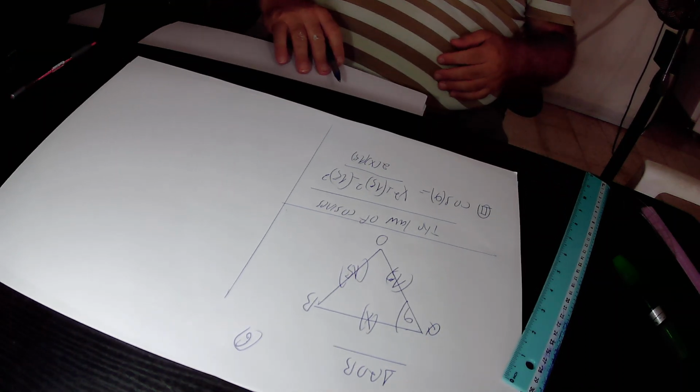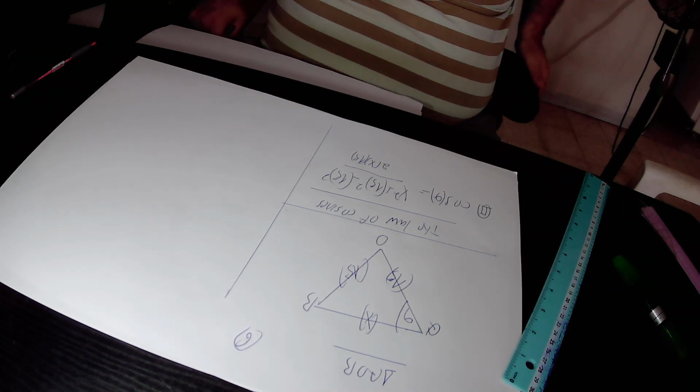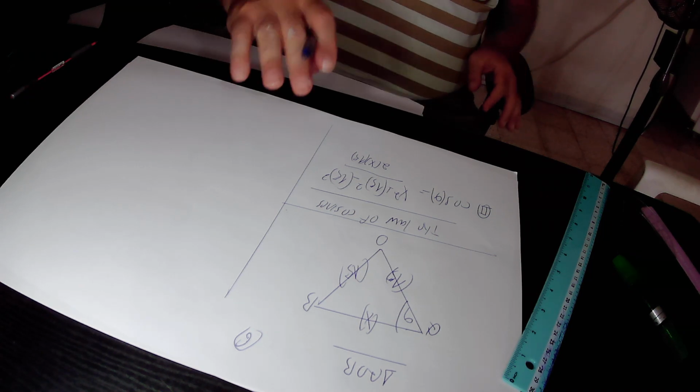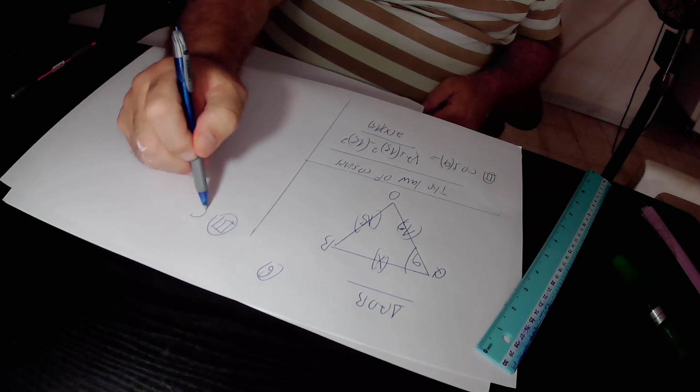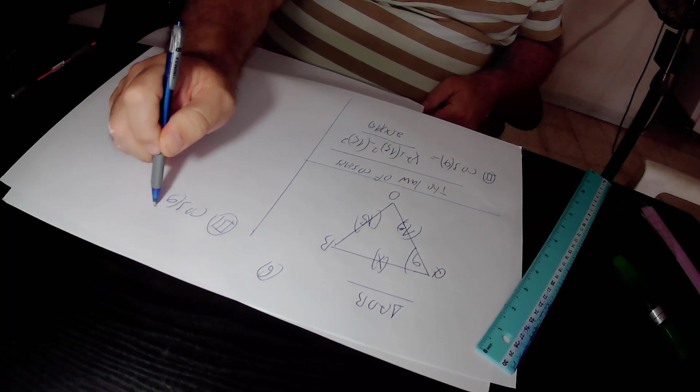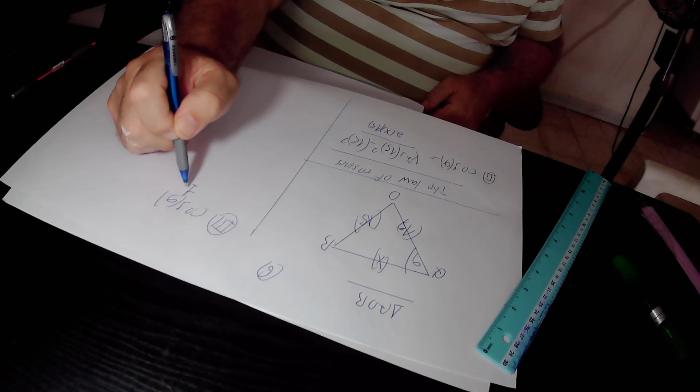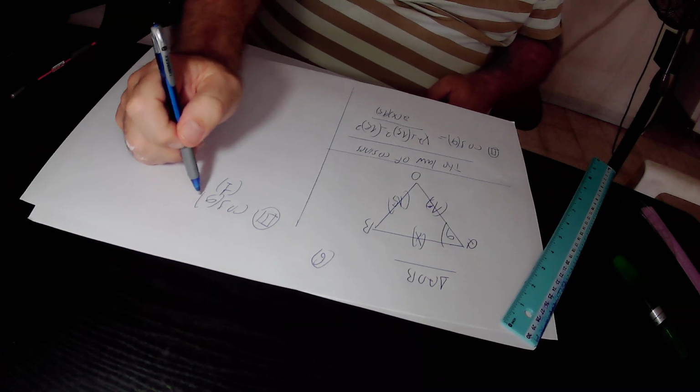So in the next step we create equation 3 that states that cosine alpha according to equation 1 must be equal to cosine alpha according to equation 2.